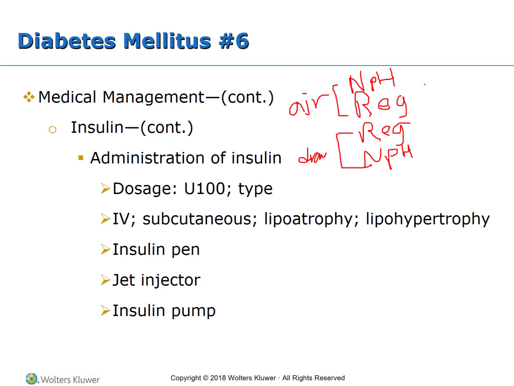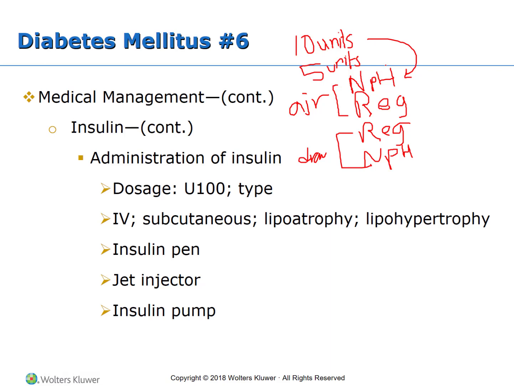So the way I remember is NRRN. The top two is where you inject air, depending on the dose. Sometimes the doctor may order 10 units of NPH, and then let's say 5 units of regular.